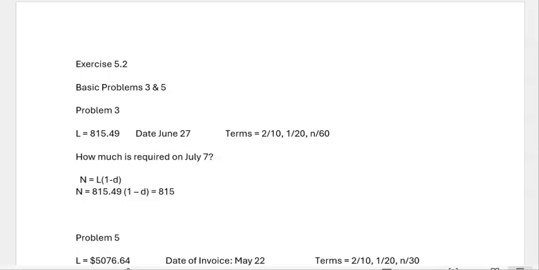So $815.49 multiplied by 1 minus 0.02. It's 2%, so 0.02 in decimal form. For the brackets, 1 minus 0.02 gives us 0.98.